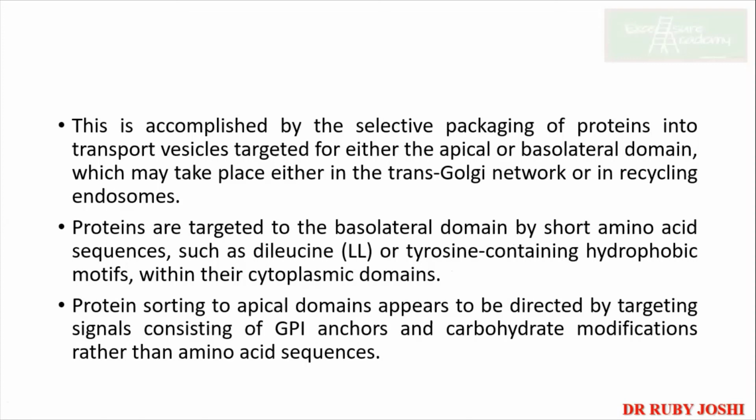So now they are meant for your basolateral specific proteins. Now, if it is your apical specific, then they should have signals consisting of your GPI anchors. Okay, rather than having an amino acid sequence, they should have a GPI anchors or any carbohydrate modification. So this is how the trans-Golgi network understands कि मुझे apical में भेजना है या basolateral में भेजना है.